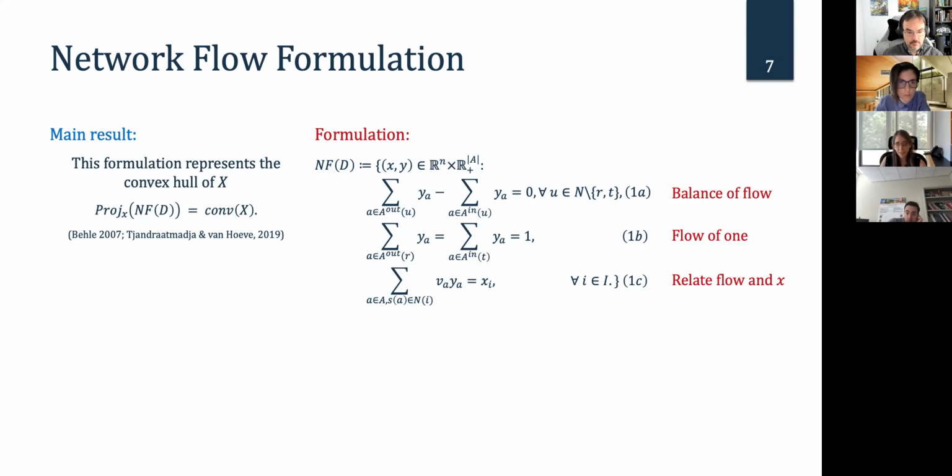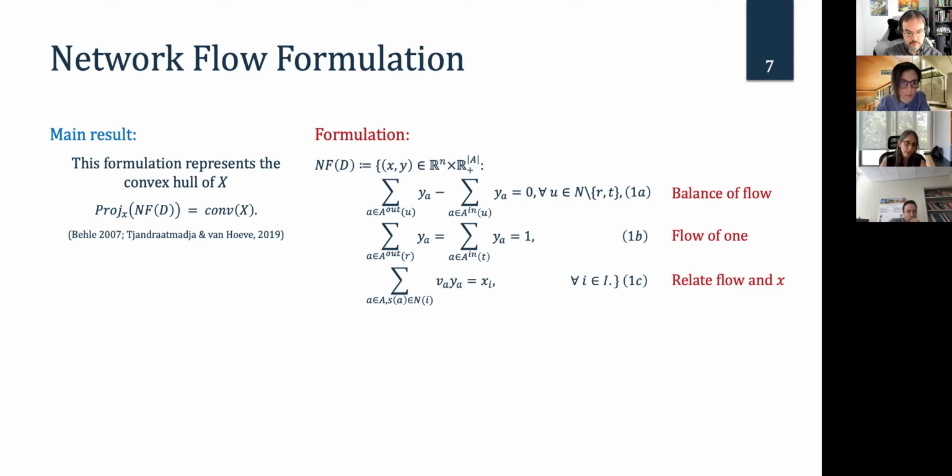And the nice thing, the main property and why everything works, is the following result: this formulation represents the convex hull of X. So basically what this equation says is that if we have this network flow model and we project it only onto the x variables, we get back the convex hull of our original set.